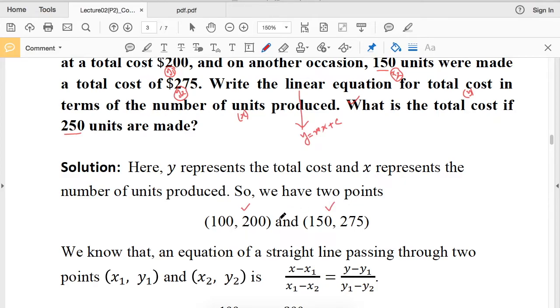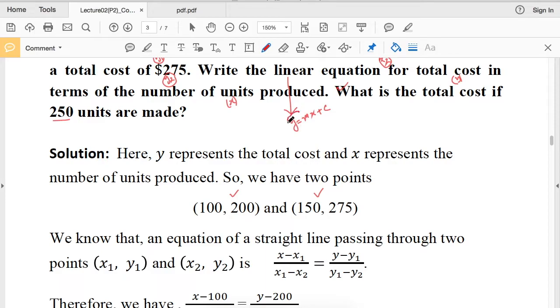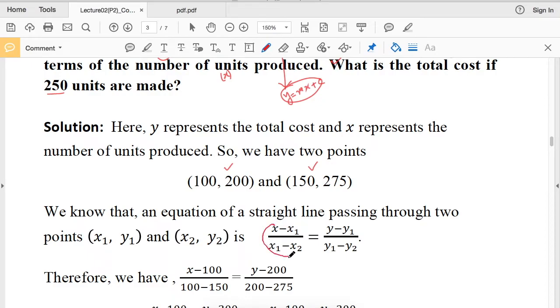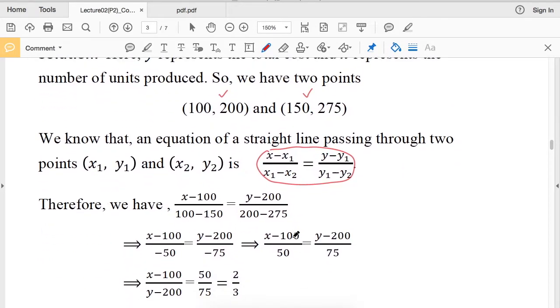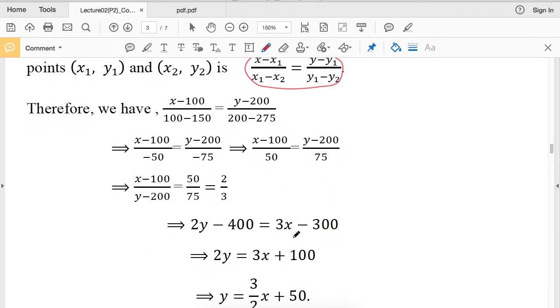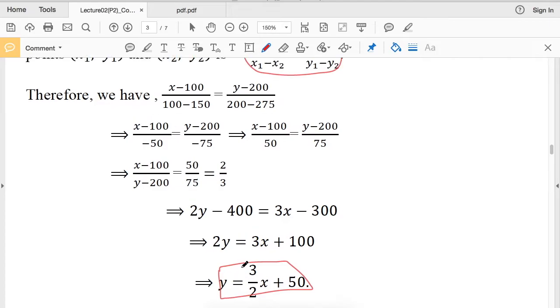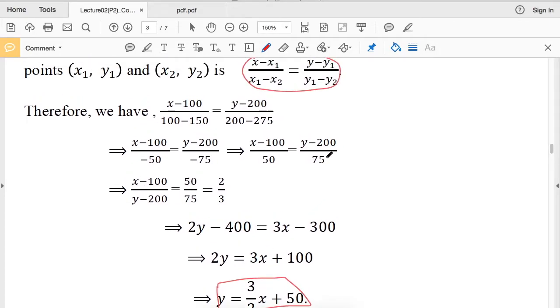Therefore we can calculate the linear relationship between x and y by using our direct formula, this one. If you directly put your x1, x2, y1, y2 in this formula, then you will get the linear relationship, which will be this one. But let me solve this problem by using formula 1, which is y minus y1 is equal to m into x minus x1.